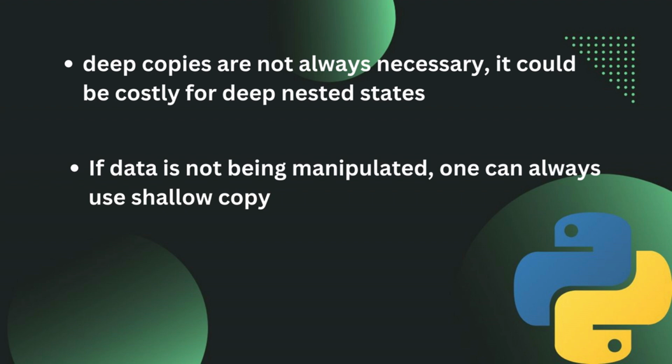If your data is not being manipulated, then one can always use shallow copy. But if two different threads or processes are manipulating the data, then we will have to make a deep copy of an object so that two different processes or threads can work on their own copies of the data.